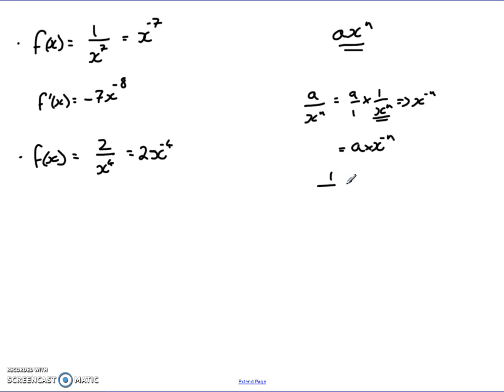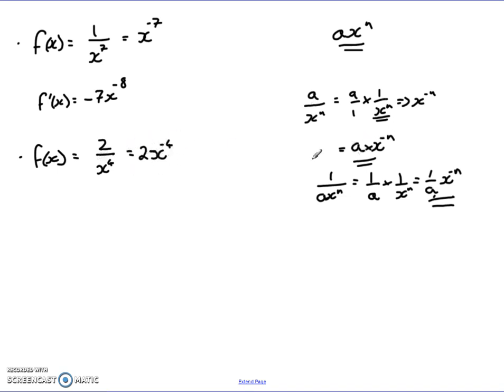So if we had, let's say, 1 over ax to the n, that would be the equivalent of 1 over a times 1 over x to the n. And this x to the n follows this rule again, but in this case it would be 1 over a times x to the negative n. So watch this bit here. Watch these little tricks.